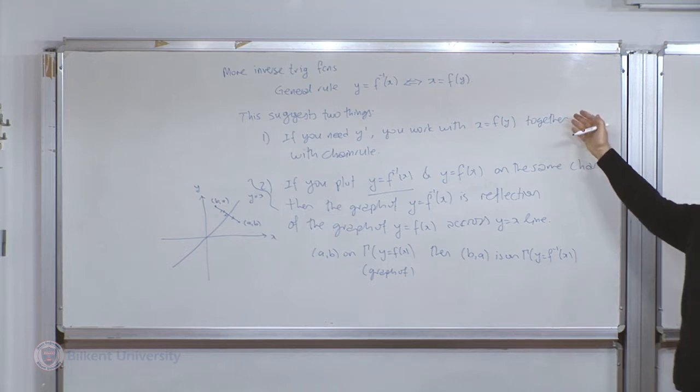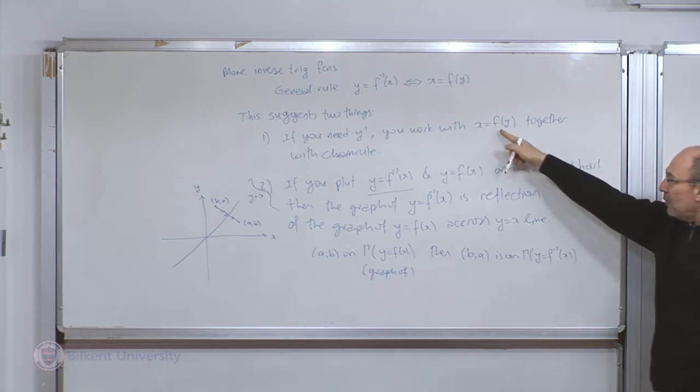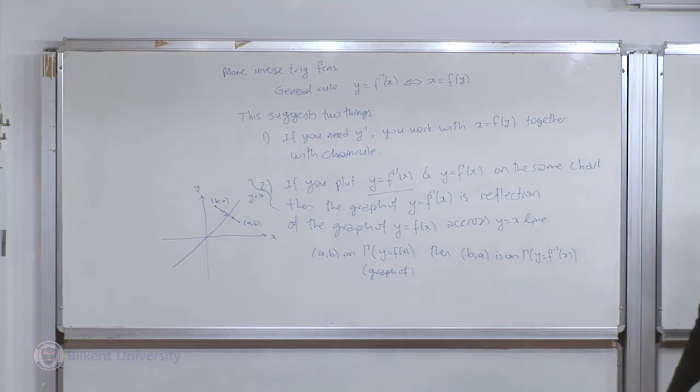The reason why inverse trigonometric functions are useful is that the derivative of f can still be expressed in terms of f. Okay, derivative of sine is cosine. Cosine can be written in terms of sine. Okay, derivative of secant involves tangent.